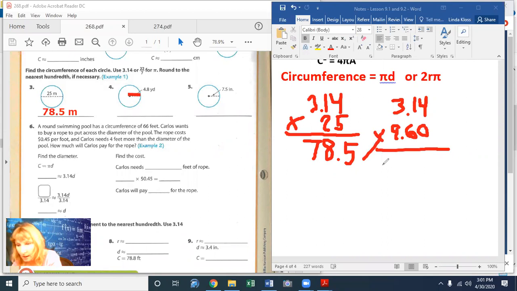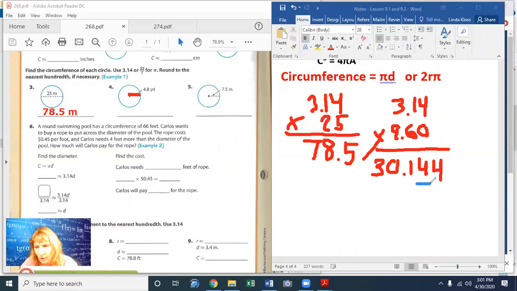And you would get times 3.14, 30.144. So remember, we have to round to the nearest hundredth. And we have to round to which place value? Hundredths, which is right here. So in order to do that, we have to look at the guy next door here on the right.